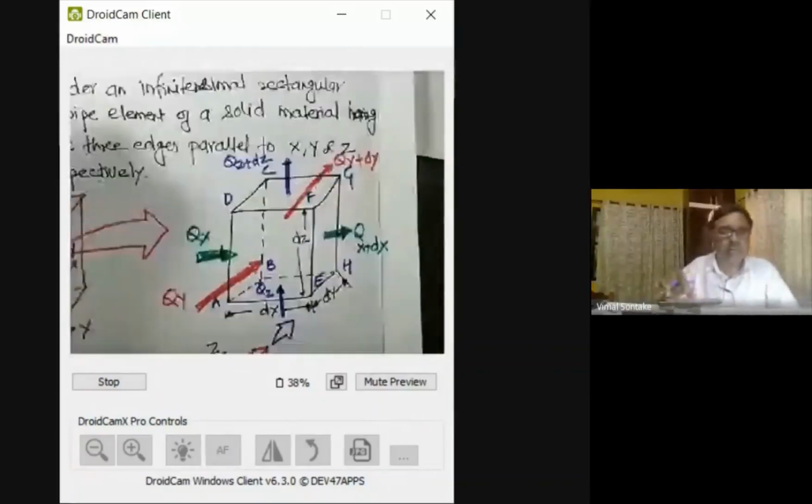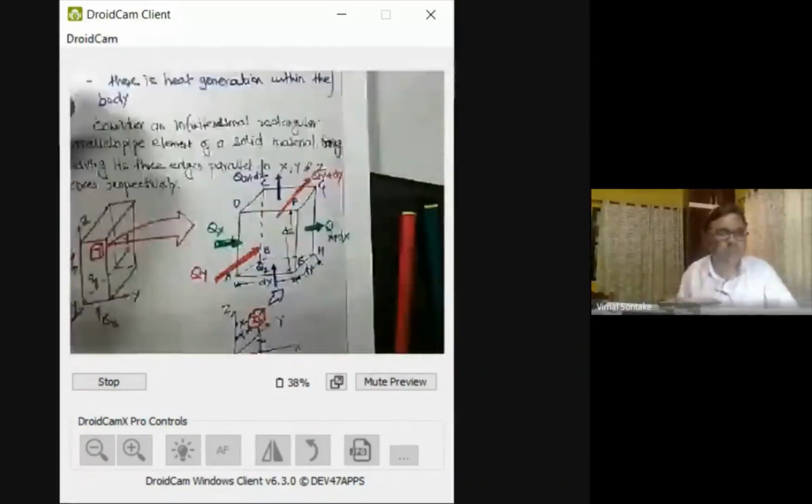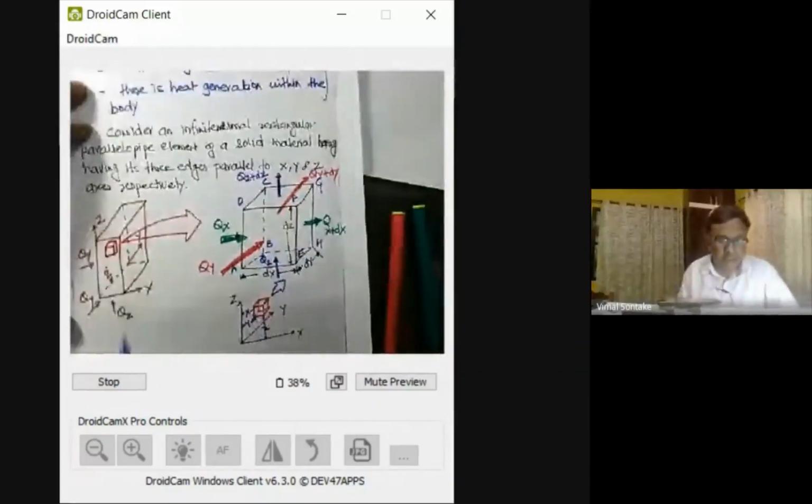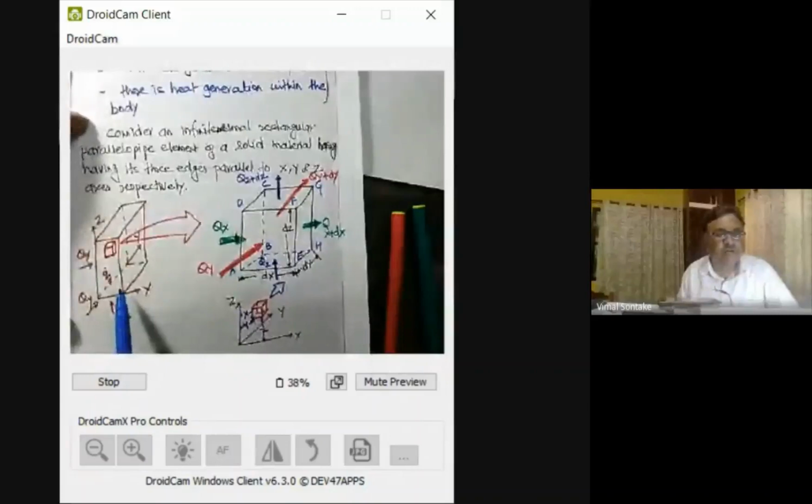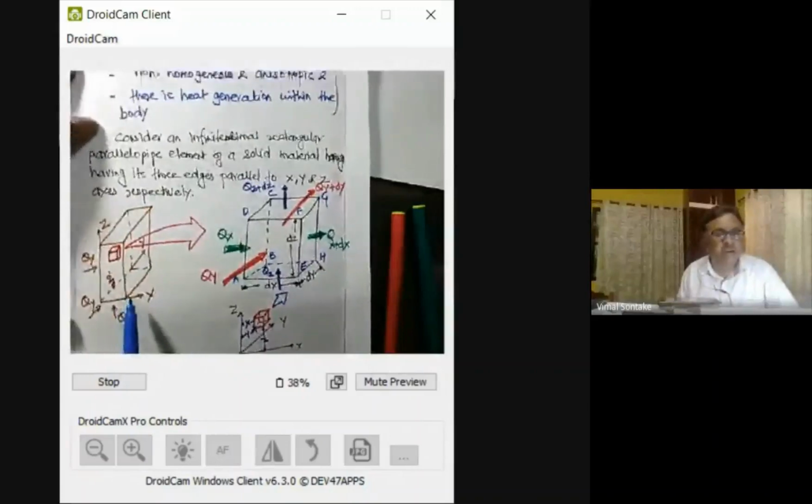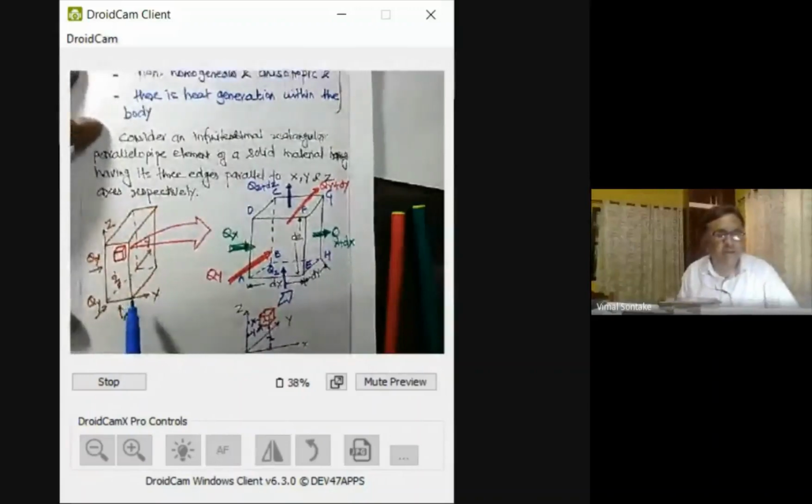So here you can see the combined diagram. This is the solid wall through which we want to analyze the variation of temperature because of unsteady state heat transfer, three-dimensional heat transfer, non-homogeneous and anisotropic material of the body, and heat is generated within the volume.